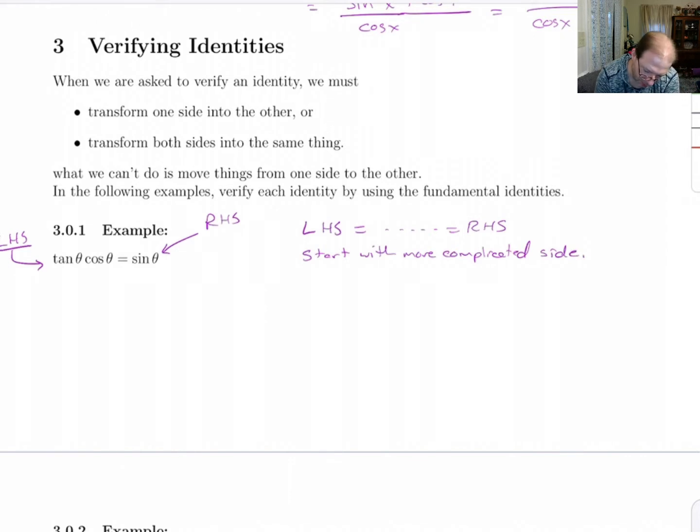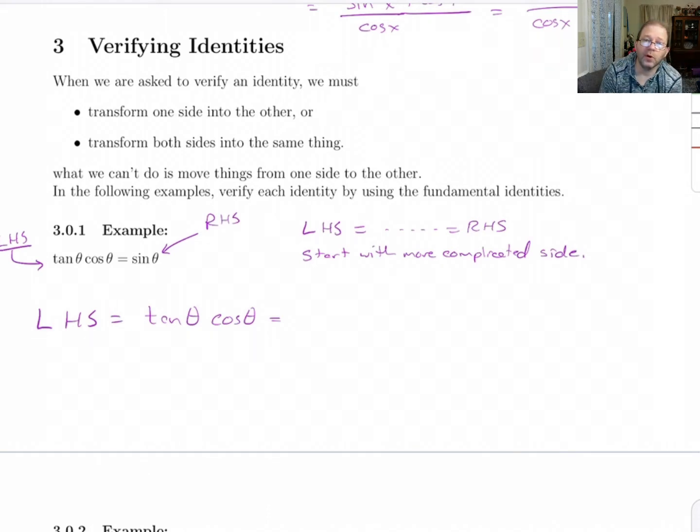So on this one, the left-hand side is more complicated than the right-hand side. So the left-hand side, this is tan theta cosine theta. And a typical thing to do on these is to rewrite tangents or secants, things like that, in terms of sine and cosine.